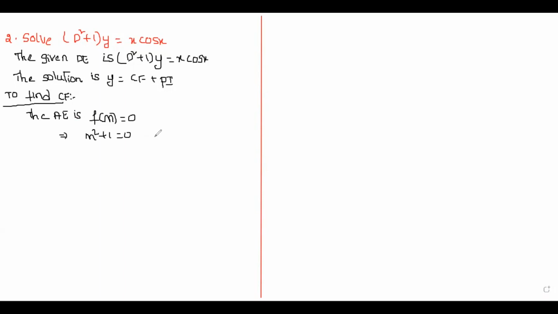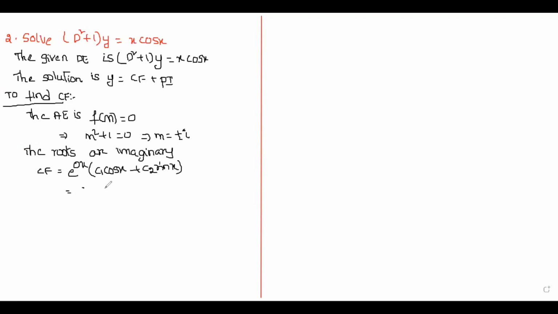By solving this, we get m is equal to plus or minus i. The roots are imaginary. Therefore, the complementary function is equal to e power 0x into (c1 cos x plus c2 sin x), which is c1 cos x plus c2 sin x. Put it as equation number 1.